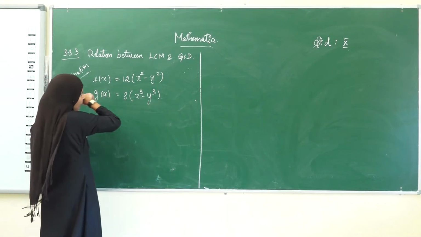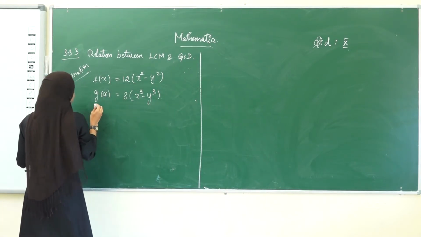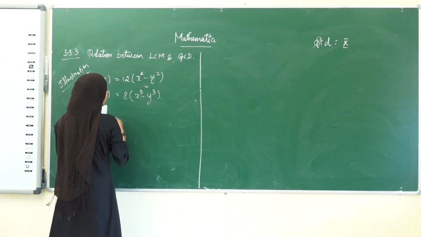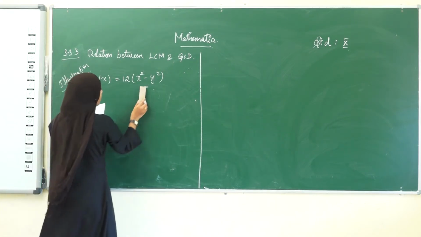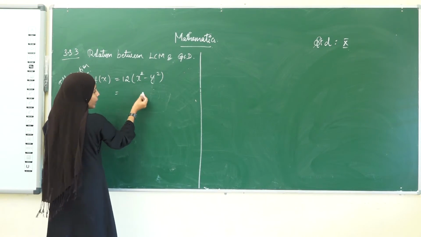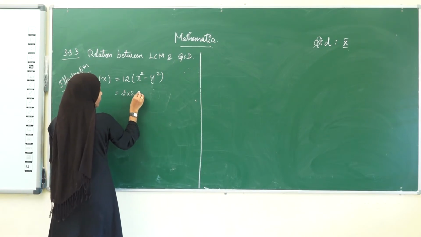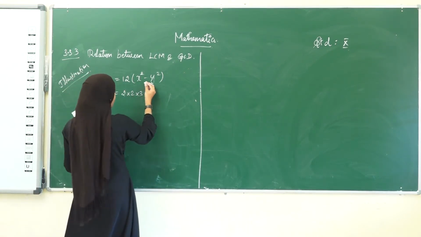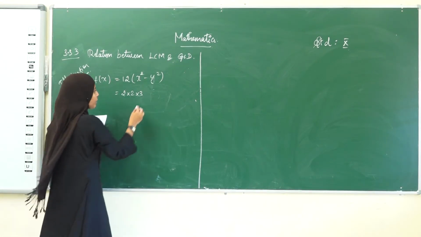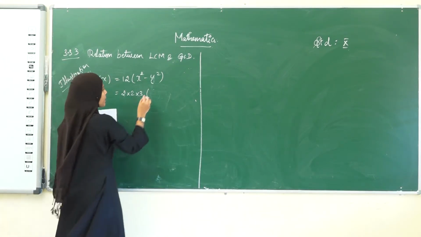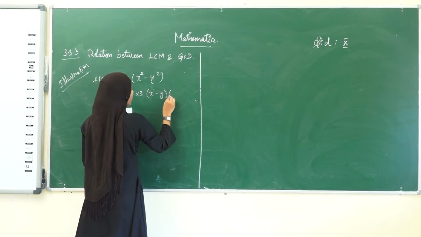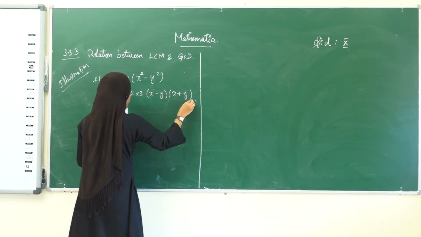How can we write this? 12 is 4 into 3, that is 2 square into 3. x square minus y square, by the a square minus b square formula, that is a minus b into a plus b, is x minus y into x plus y.